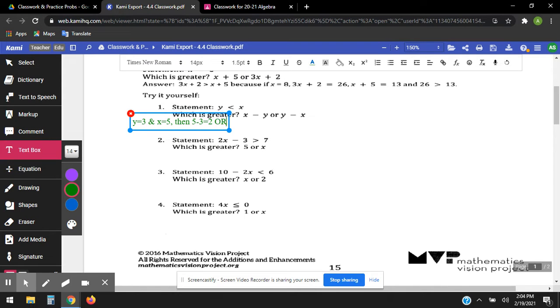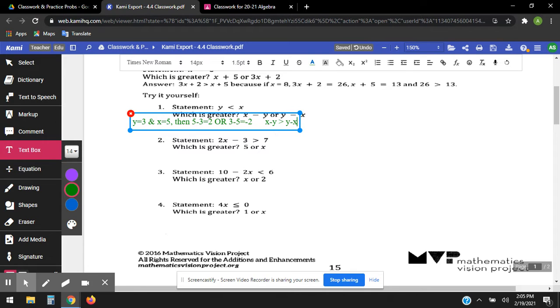And then we have y minus x, which is 3 minus 5, which equals negative 2. So in this case, x minus y, 2, is greater than y minus x.